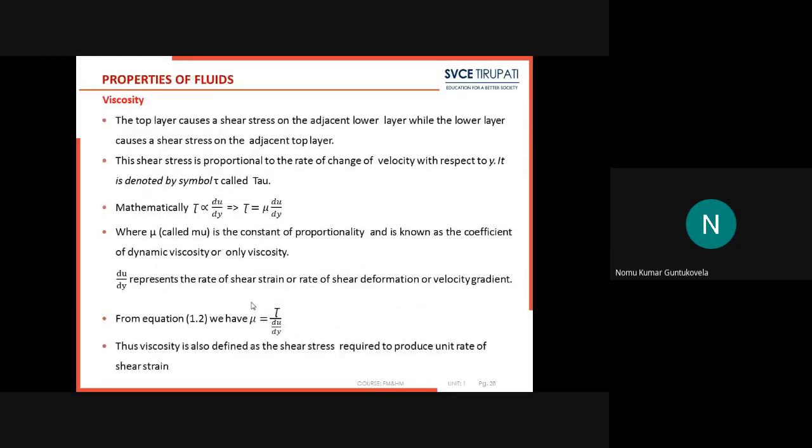See the formula here: mathematically, tau equals mu into du by dy, and we find that mu equals tau divided by du by dy.